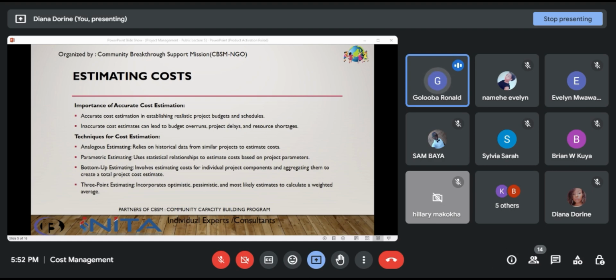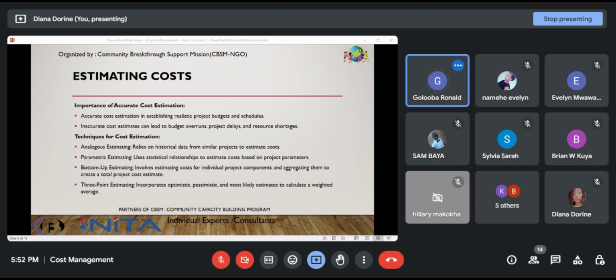So what are some of the techniques that we have for cost estimation? We have the analogous estimating technique, which relies on historical data from similar projects to establish costs. We also have the parametric estimating technique, which uses statistical relationships to establish costs based on project parameters.